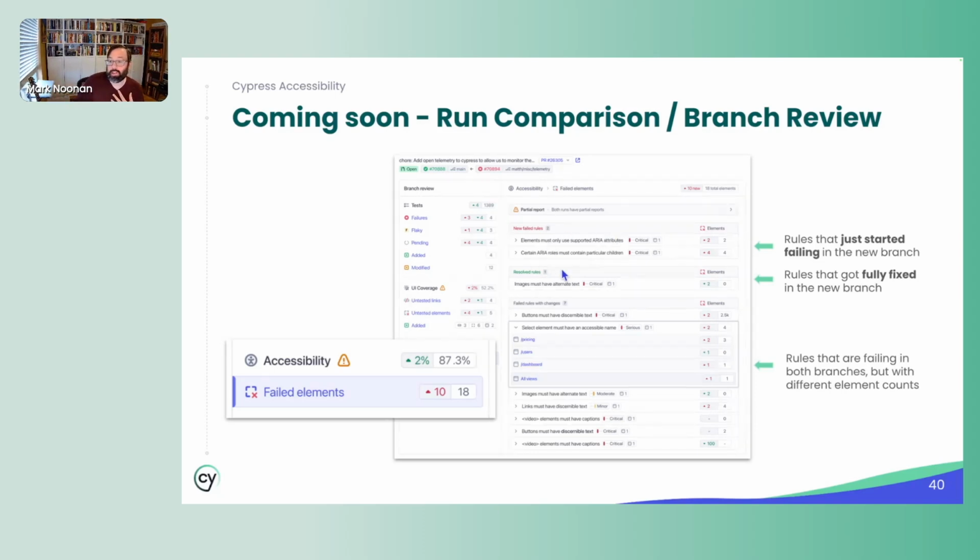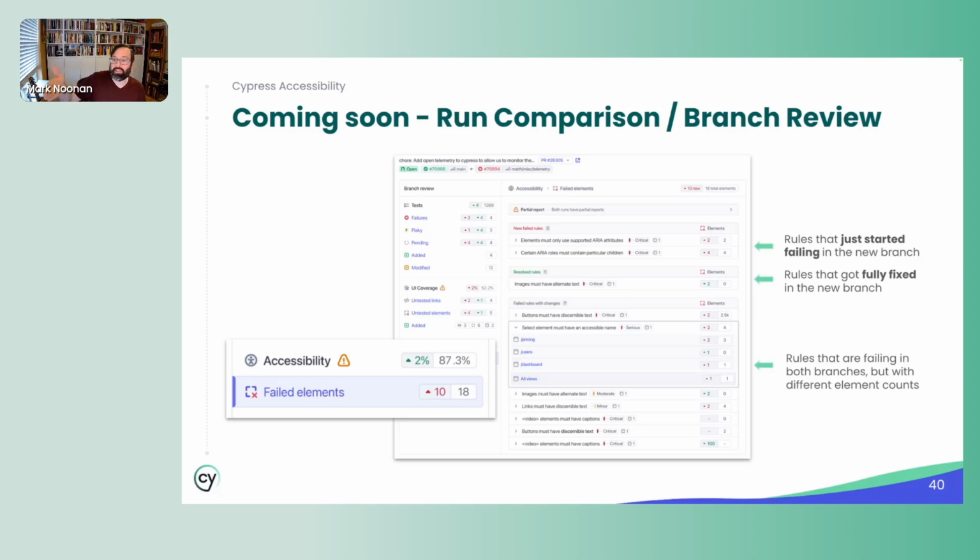So here we can see 3 sections. The first one is new failed rules. This is like what we showed in the results API, where we say, hey, this used to be 0 and now it's got failures. That is the biggest signal that you have introduced an issue at the code level, or that you've discovered an issue in between nightly builds or something like that.